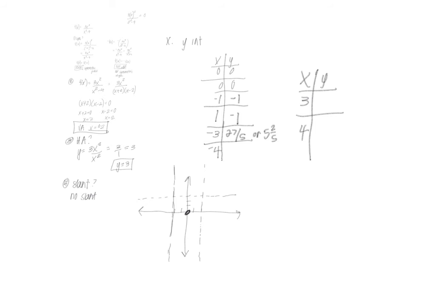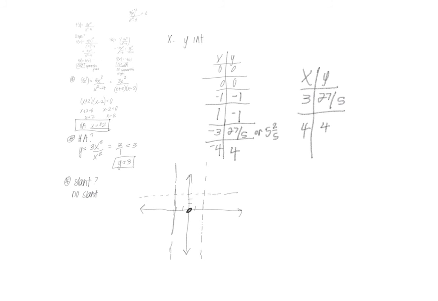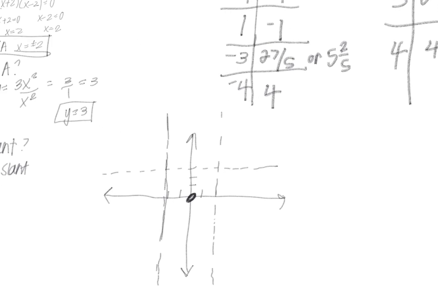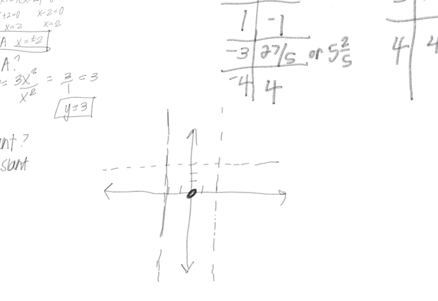If I plug in -4, I get 4. If I plug in 3, I get 27 over 5 again. If I plug in 4, I get 4. So this is interesting. Let's look at how this works out on the graph.